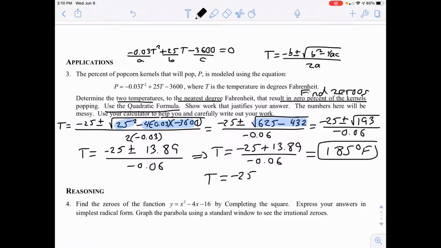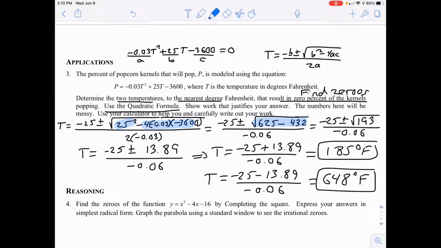And negative 25 minus 13.89 over negative 0.06. That one comes out to be a little bit higher because a negative minus a negative is more negative, so the number's bigger. And that turns out to be about 648 degrees Fahrenheit. Good application of solving quadratic zeros.